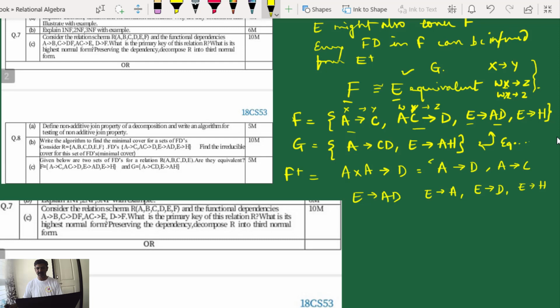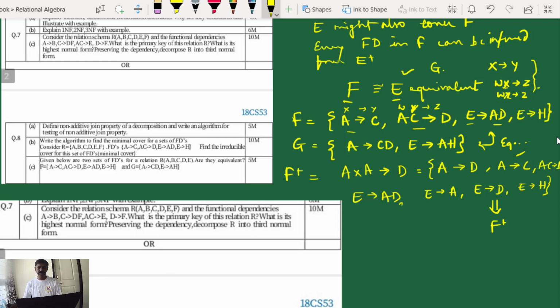So in the original functional dependencies, we have A arrow C, and AC arrow D, which can be included also. Then E arrow AD is replaced by E arrow A, E arrow D, and E arrow H. These are all the functional dependencies we can derive, and that is your F plus.